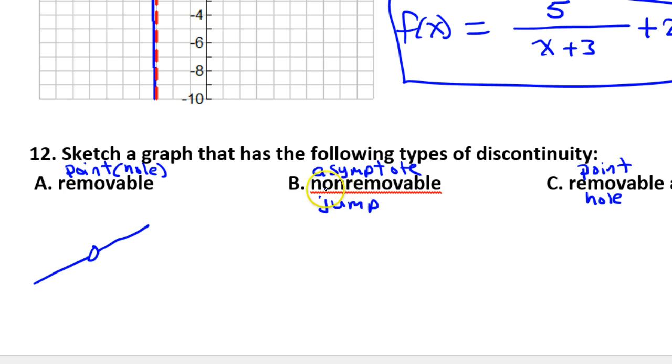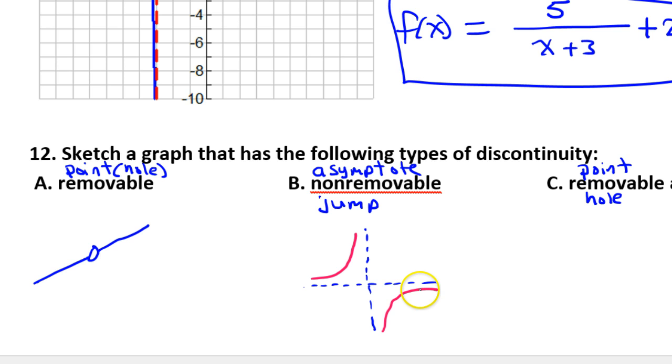Okay, now draw one that has a non-removable discontinuity. So that's either an asymptote or a jump. So I could just draw anything that has an asymptote. So here's an asymptote right here. Here's another asymptote. Okay, so if I drew one of our classic graphs like this, it has a nice asymptote to it.